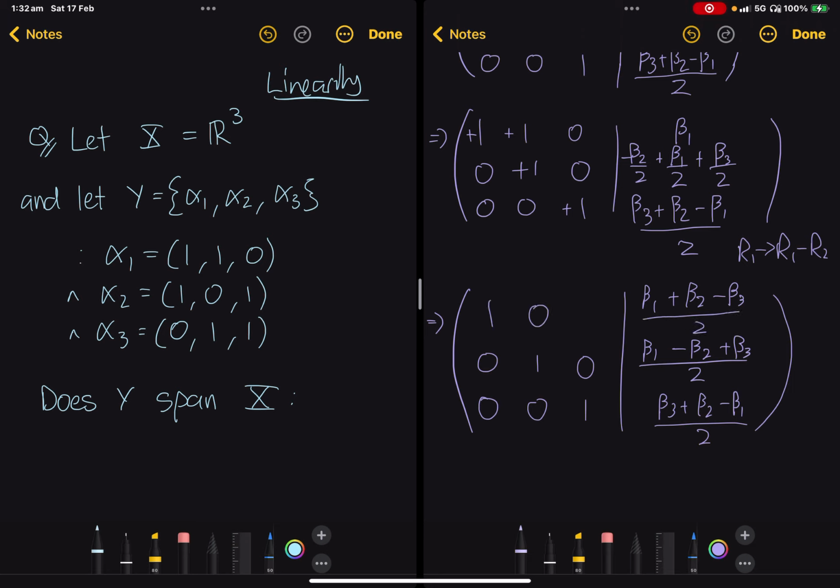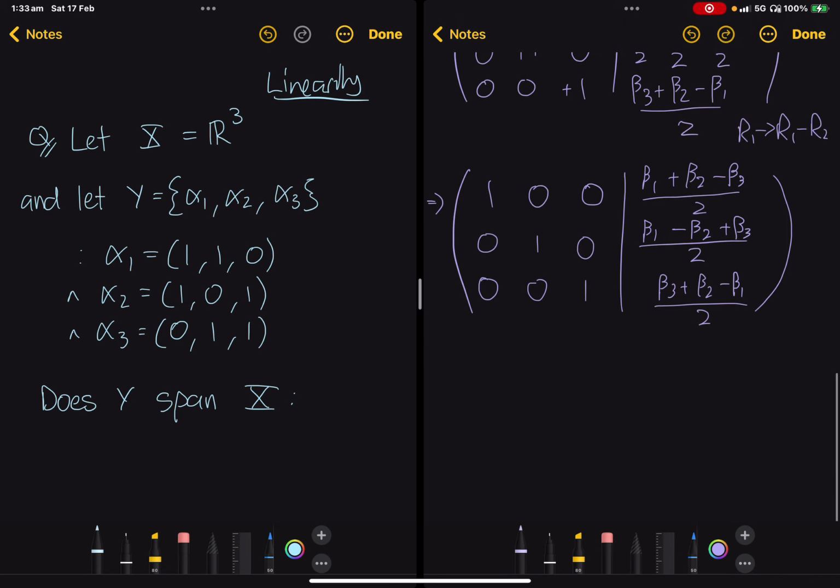This is 1, 0, 0. So this actually reduced completely. We've got a nice diagonal of ones here, and therefore the three vectors alpha 1, alpha 2, and alpha 3 are linearly independent.